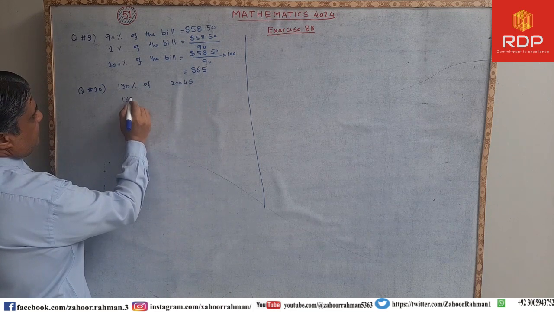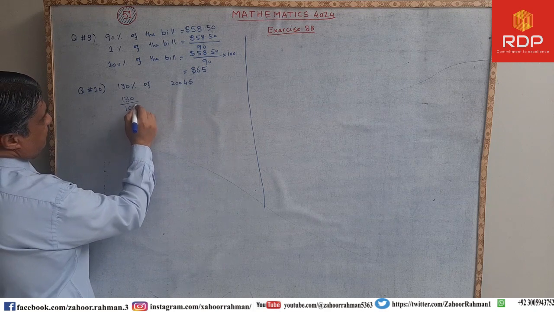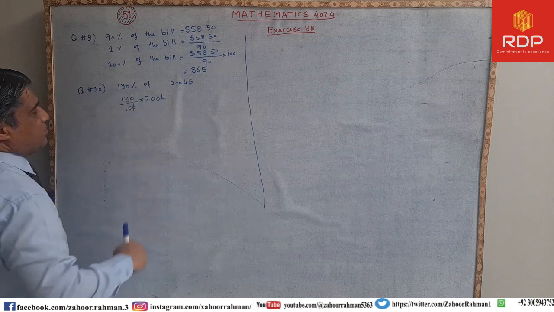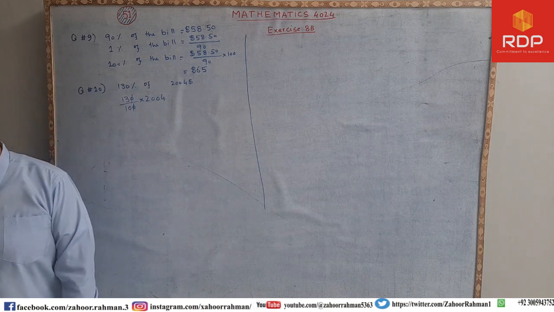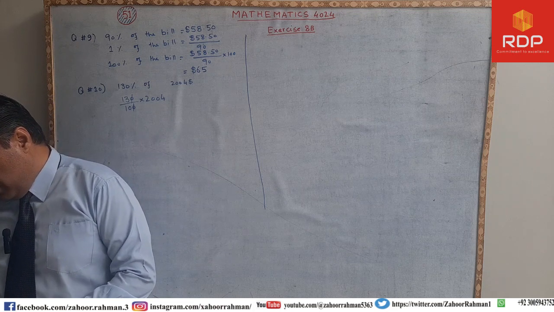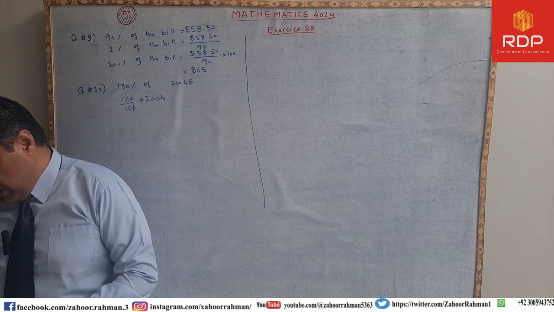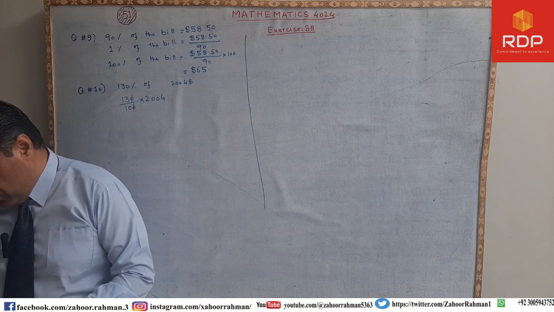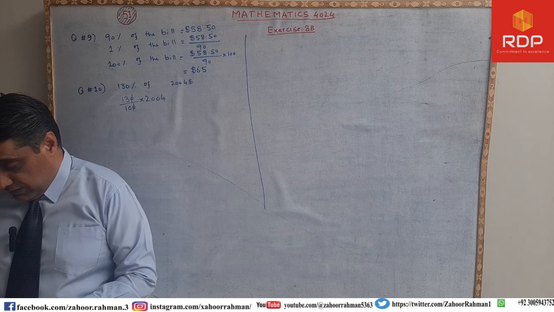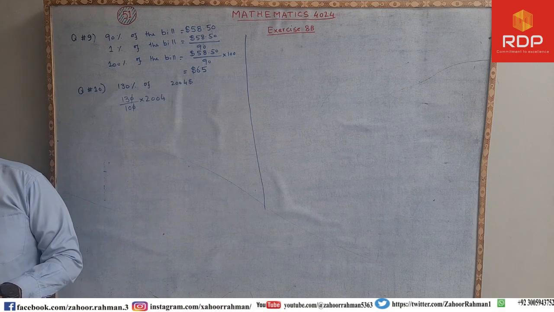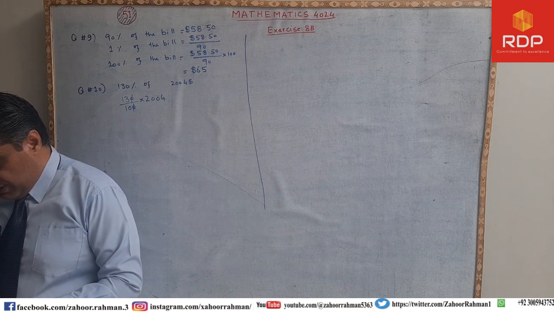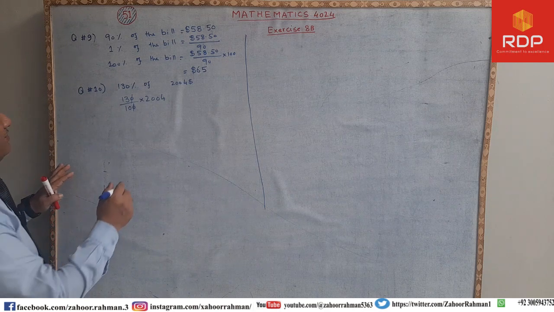So 130 divided by 100 multiplied by 2400. This 0 will be cancelled with this one, and when we calculate it, it will be 3120.